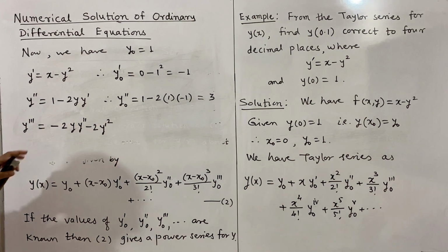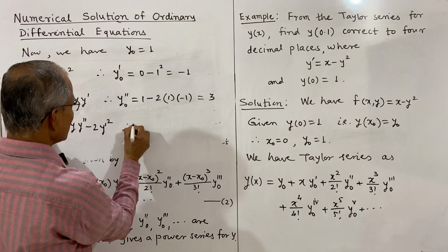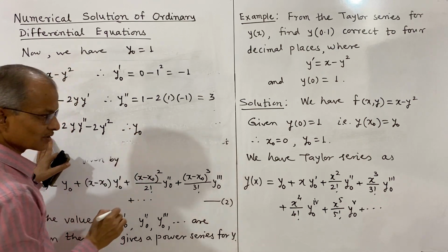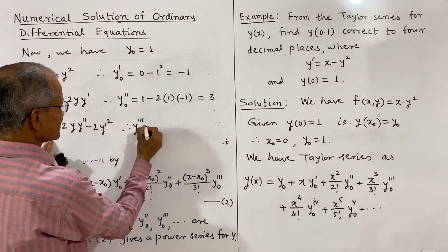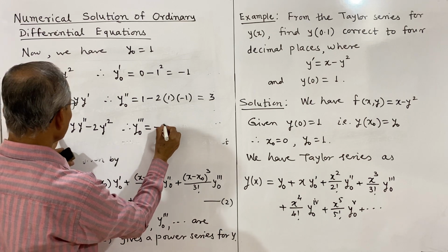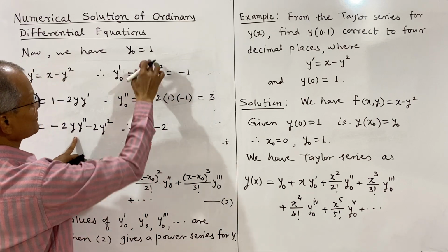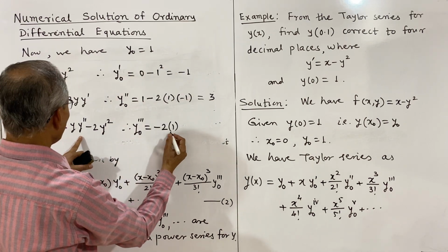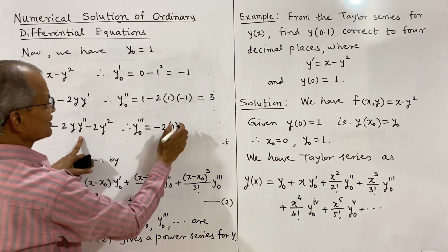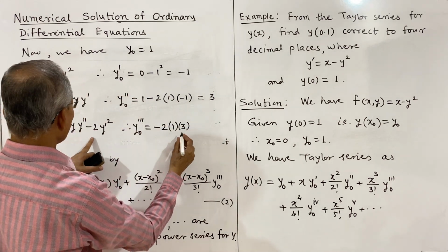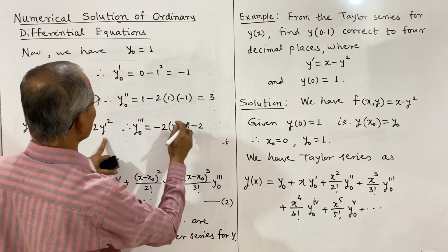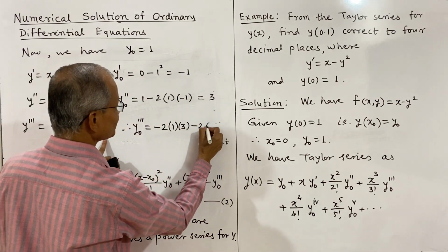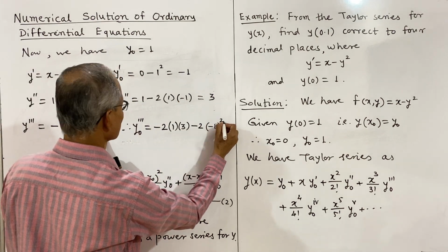So thus this is the third order derivative at x is equal to x naught, meaning x is 0, and that is equal to minus 2. What is y? y is this value 1, and y double dash, this value is 3, minus 2 y dash is minus 1 and its square.